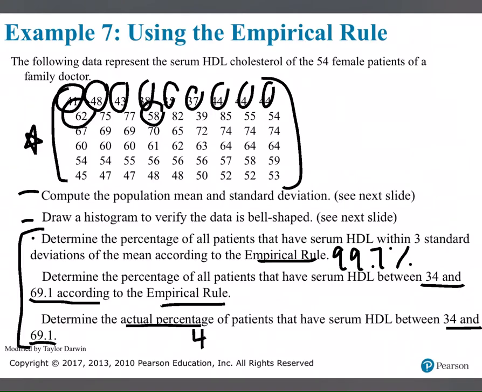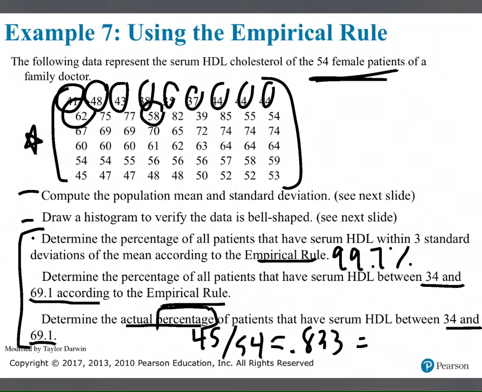And I would end up having 45 out of, it told us, 54 patients, which is 0.833, or as a percentage, because it said the actual percentage, 83.3%. Okay, so I'm going to remember that 83.3. And when I do this one on the next slide, I'm going to see if I can get close to that by using the empirical rule.